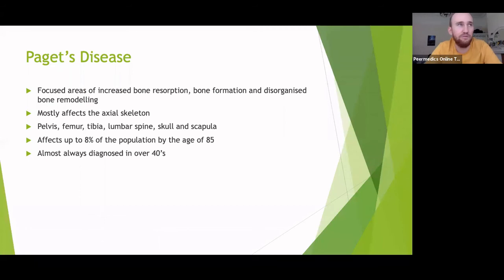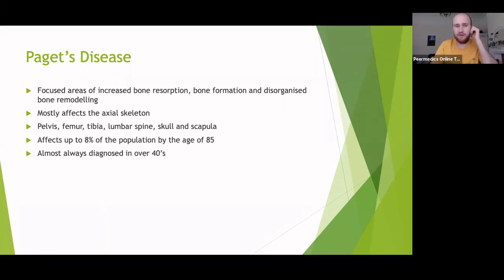Small things like the hat not fitting, the chances of you picking up on that are relatively slim, but they're the sorts of things that can happen. Age is a huge factor. It affects up to 8% of the population by the age of 85, and it's almost always diagnosed in over 40s. The hearing loss occurs due to sclerosis of the temporal bone rather than nerve compression.